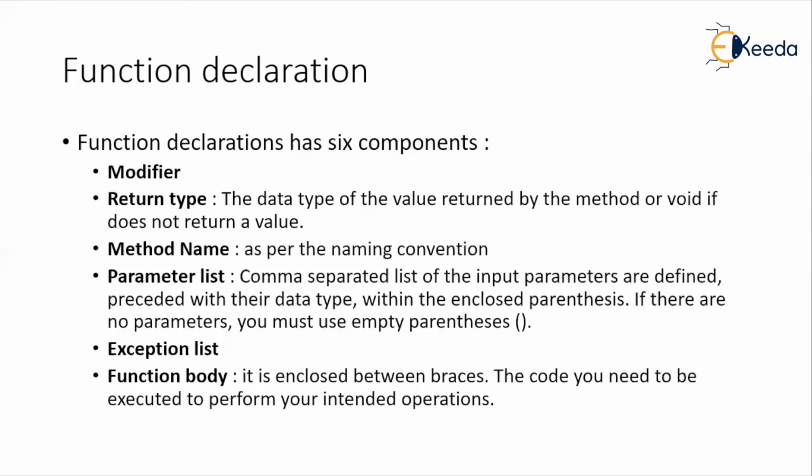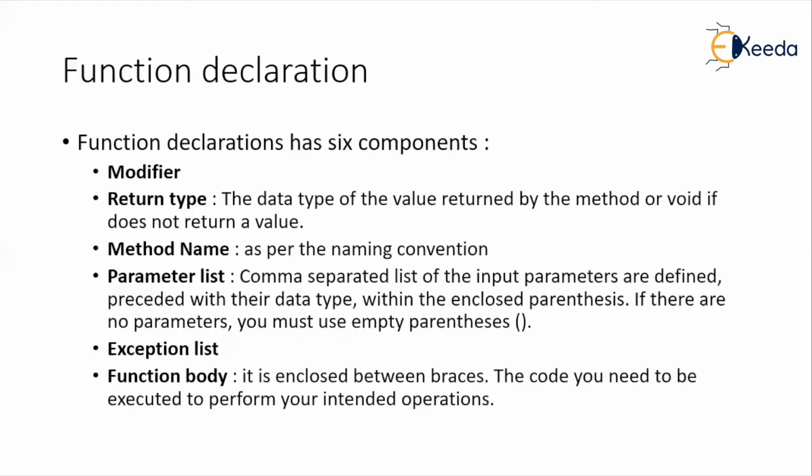So if there are no parameters, signature will hold empty parentheses, or if there are multiple parameters, then there will be a comma separated list of input parameters along with specification of the data type.